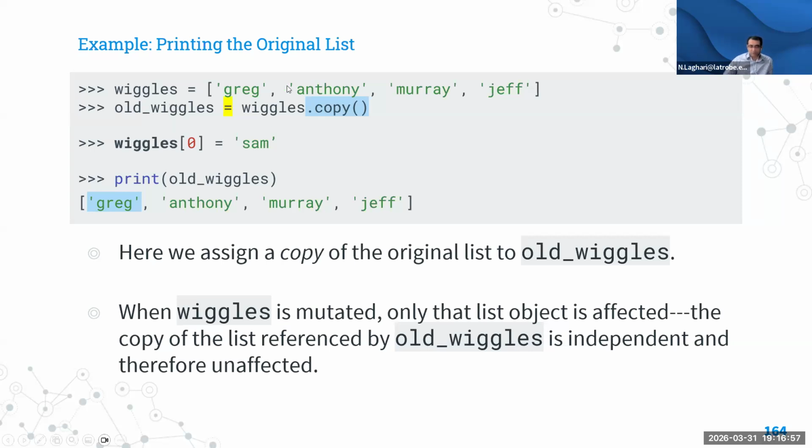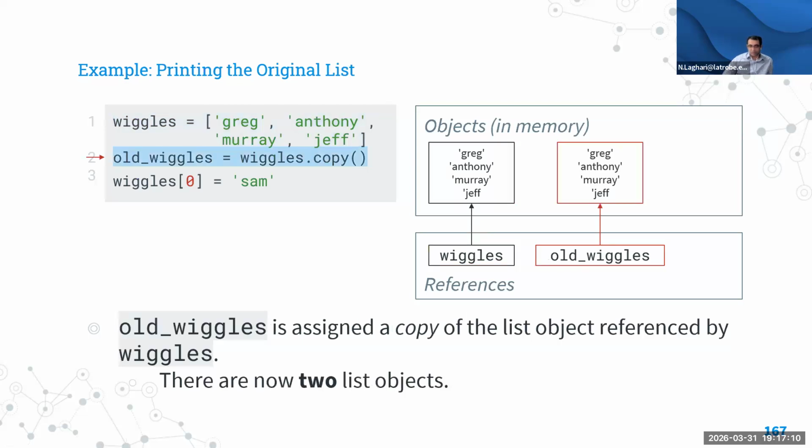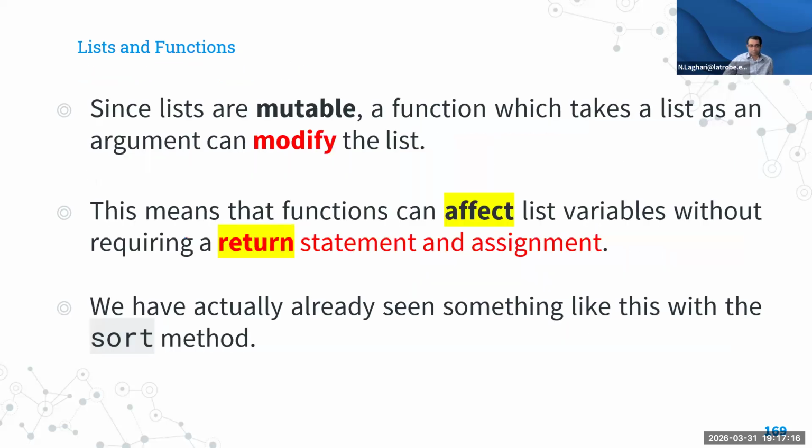Because a copy was created and assigned to old Wiggles. It's not the same thing. A new object was created, we changed Wiggles only, and that's it.